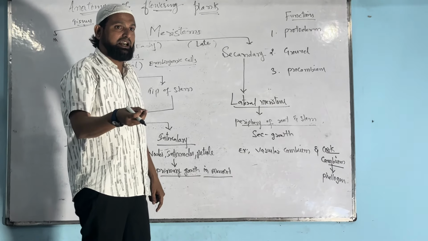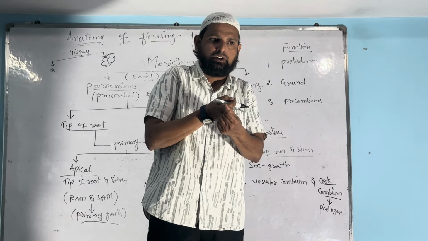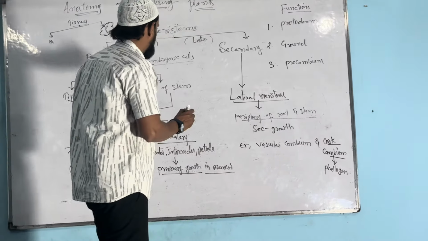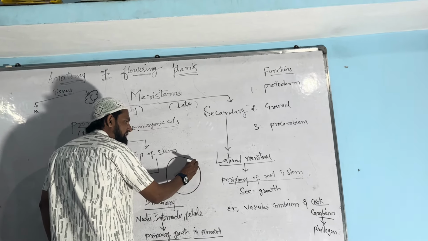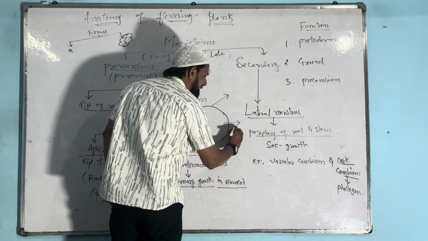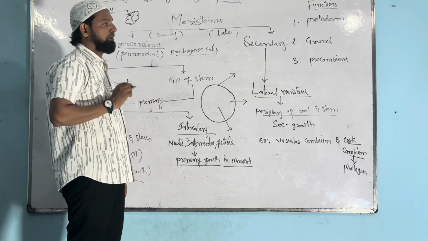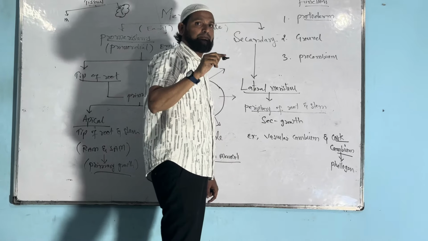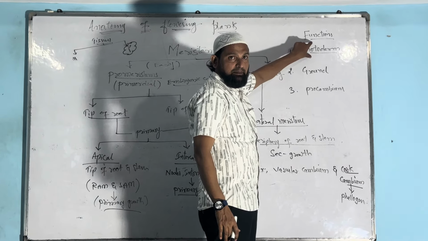So in the beginning of the class I told you that when we take a thin section of root, stem or leaf and observe it in the microscope, it gives rise to three regions: outer, middle and inner. Please see on the board. The protoderm is meristem, immature.